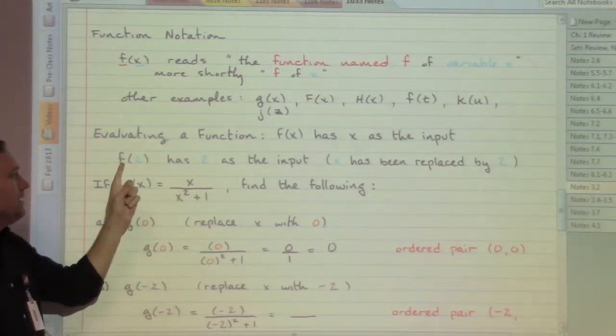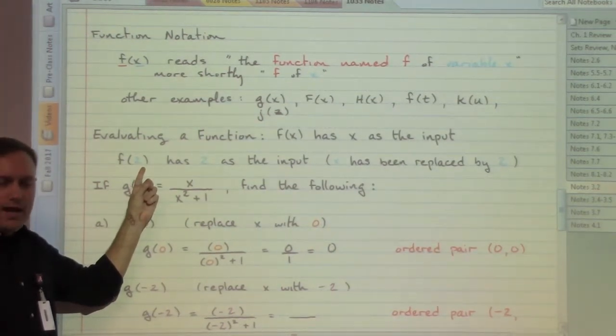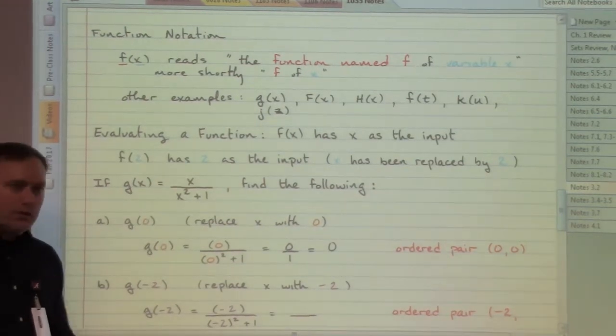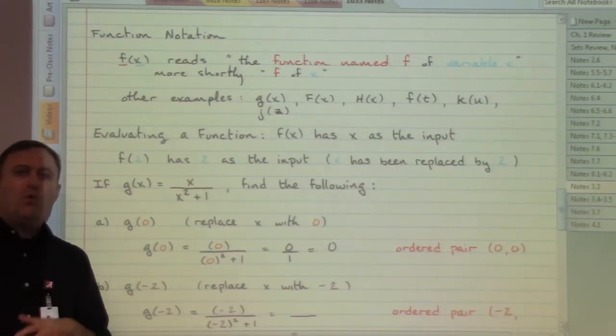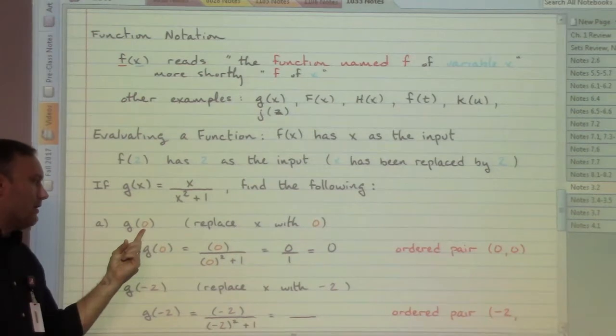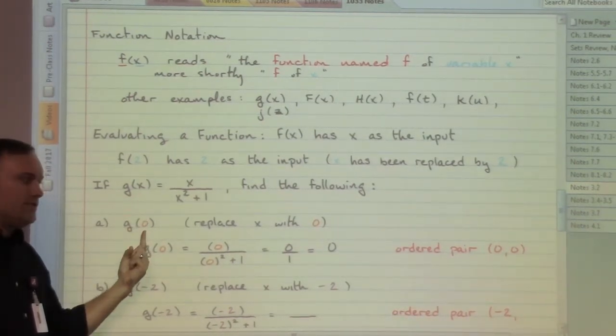Evaluating. Instead of a generic letter x for my variable, if I have a number or a different looking expression, I would replace my variable with that number or that expression. In our example here, instead of g of x, I have g of 0.